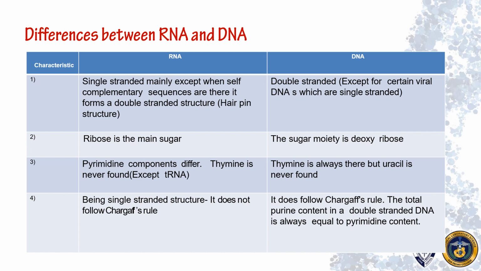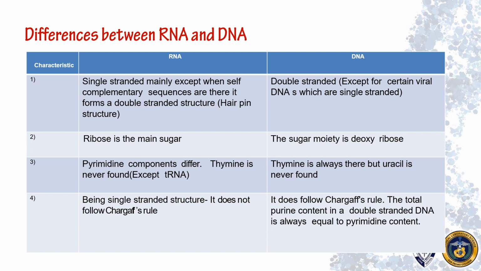So to summarize the differences between the RNA and the DNA in terms of their strands, your RNA is single-stranded, but of course, as I've said earlier, it is not all the time single-stranded.